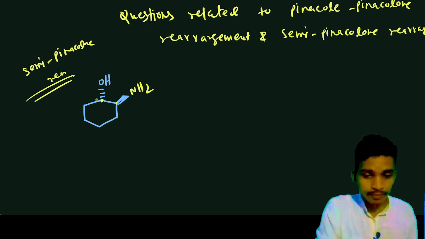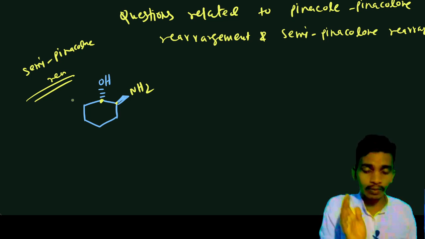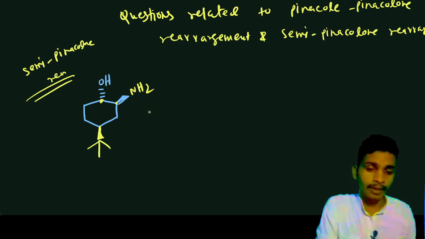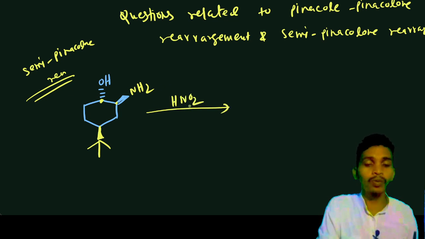Then this is the semi-pinacol rearrangement. Let's say one group is here, and now if you have HNO2, then how will we solve the question?